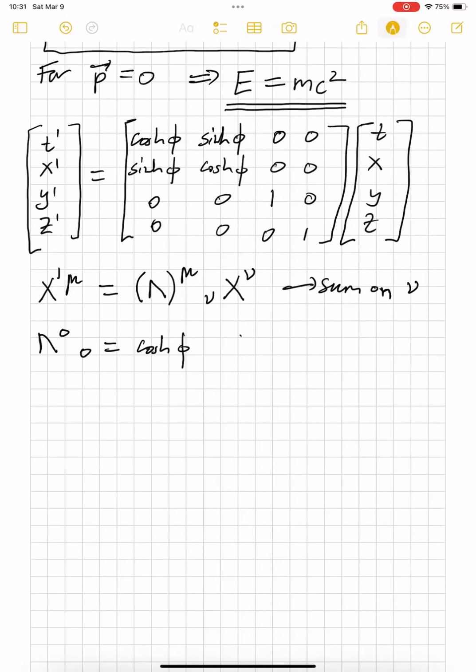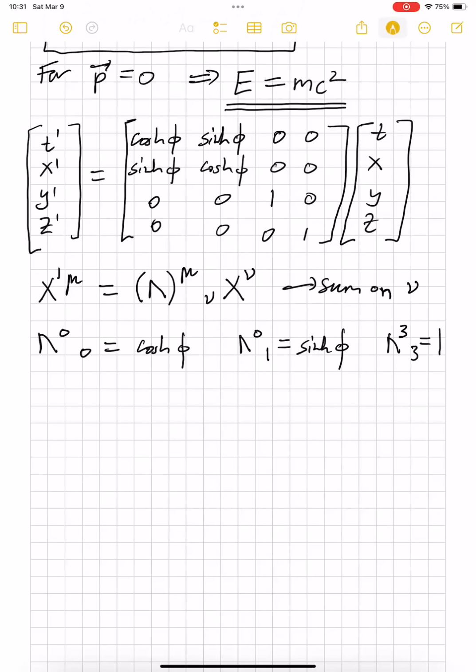What would lambda 0 1 be? So take a minute, study the matrix. So what would lambda 0 1 be? Did you get sinh phi? If you got sinh phi, that's perfectly correct. Let's do one more. What is lambda 3 3? Look at the matrix.